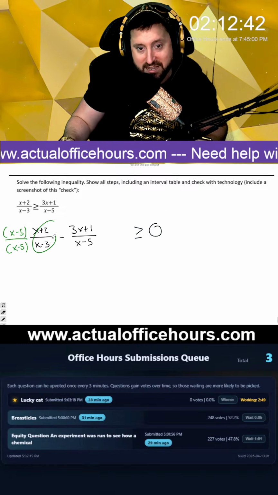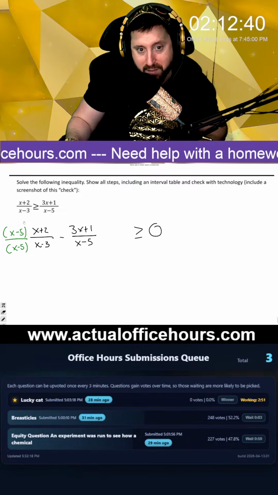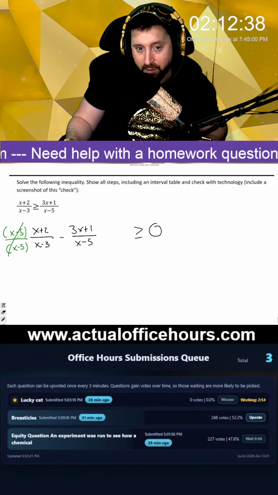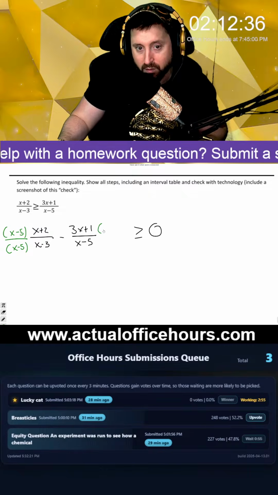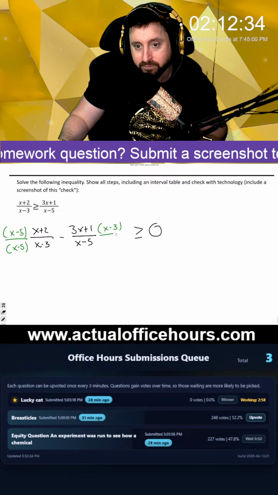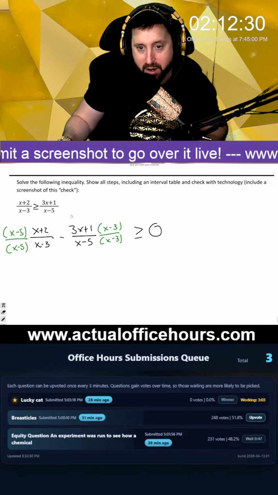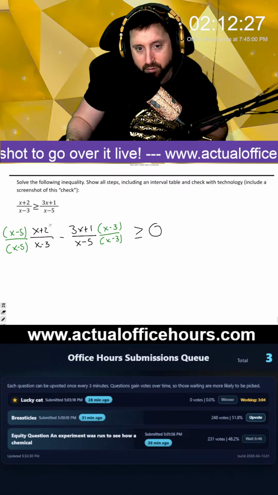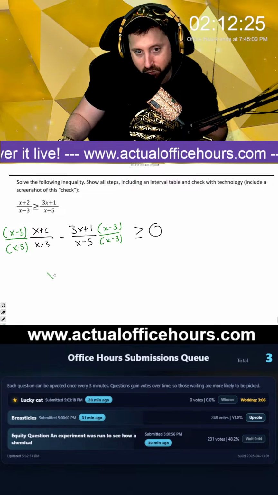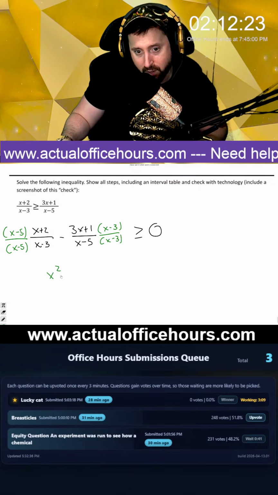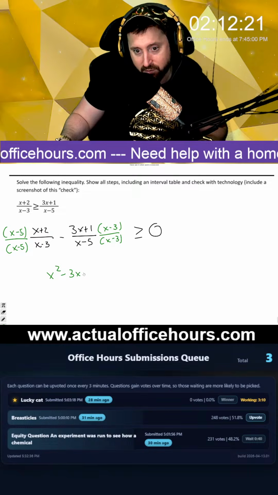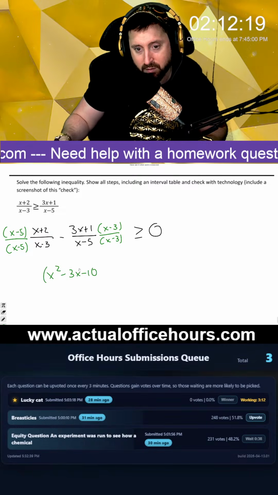I'm multiplying each individual fraction by basically what 1 is. Something over itself is basically 1. So I can multiply this by x minus 3, and then I can combine this. Let's combine x minus 5 and x plus 2. That's going to be x squared minus 3x minus 10. Okay, that's from this part.